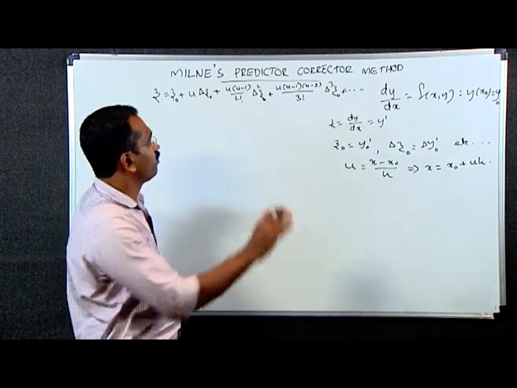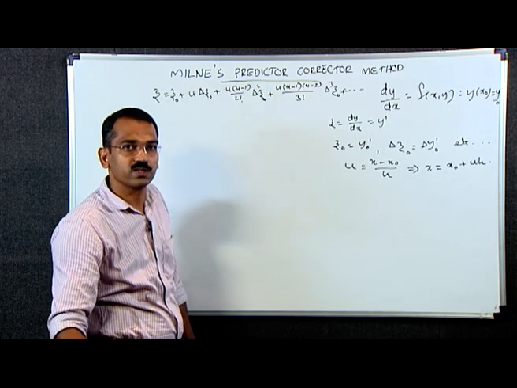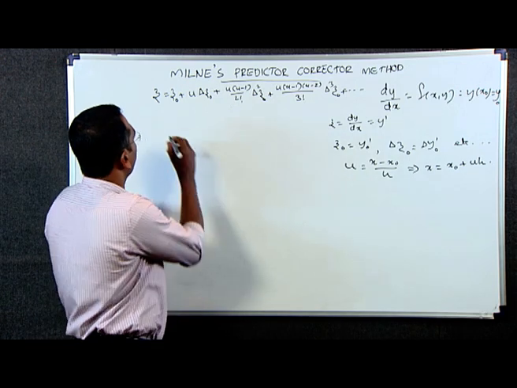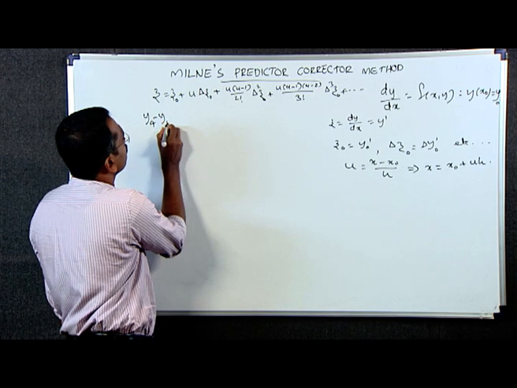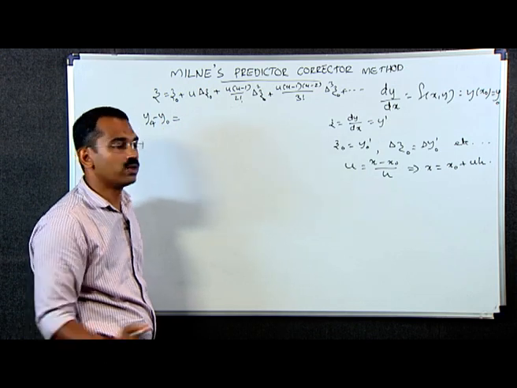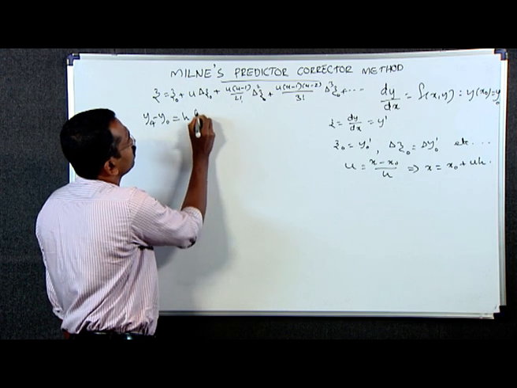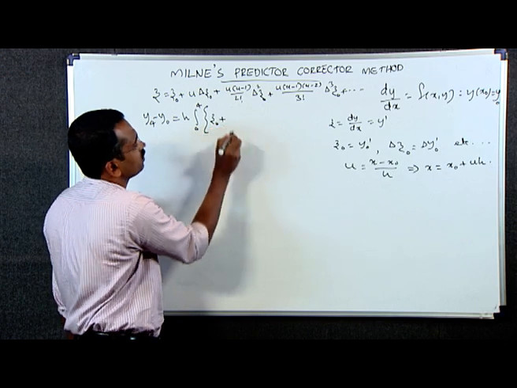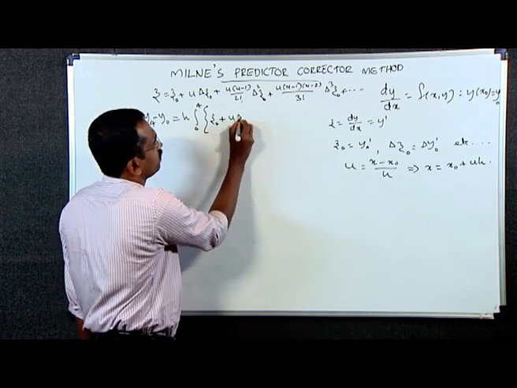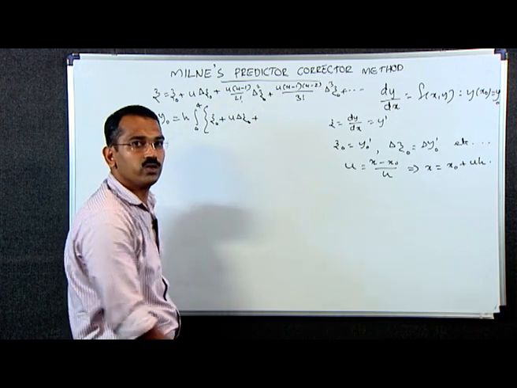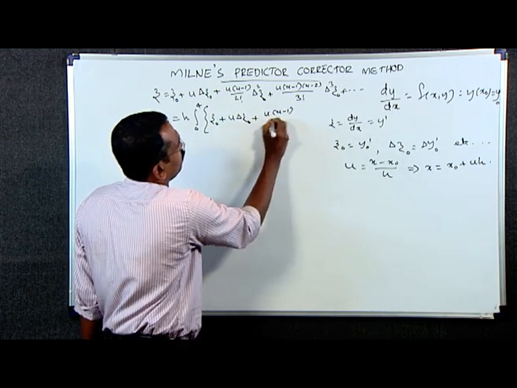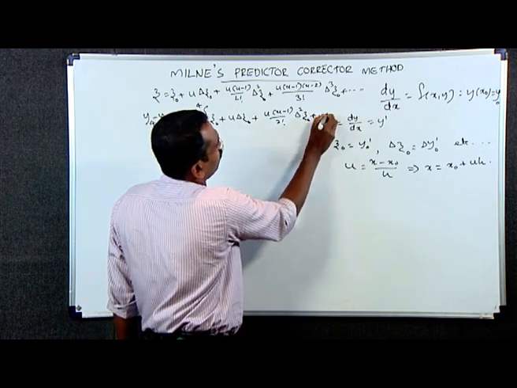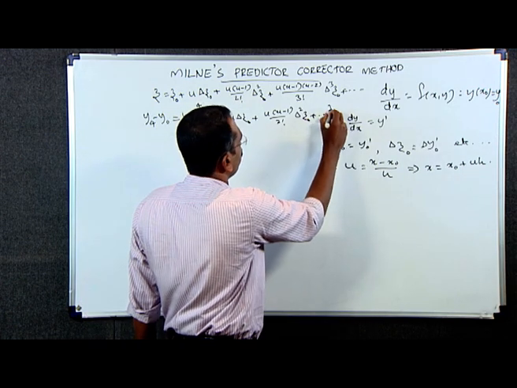We integrate both sides of this expression with respect to x between the limits x naught and x 4. We have y 4 minus y naught is equal to h into integral from 0 to 4 of this expression: z naught plus u into delta z naught plus u into u minus 1 divided by 2 factorial into delta square z naught plus etc., du.